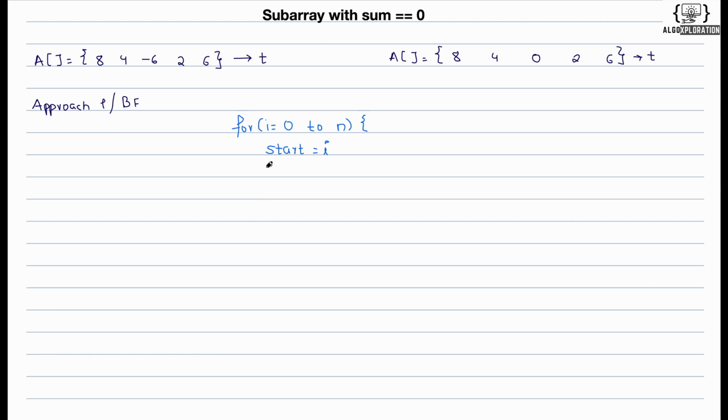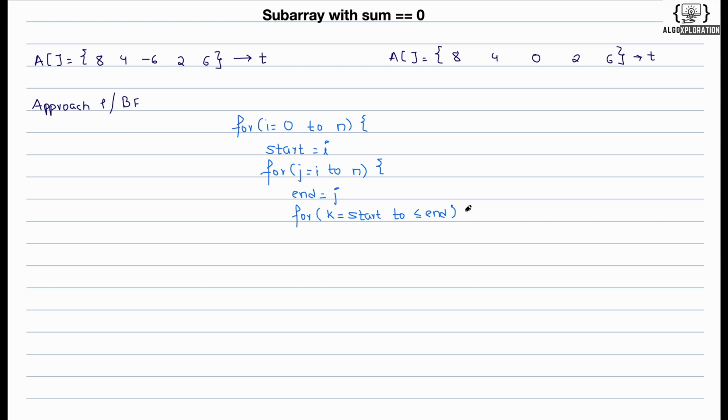Then we have another for loop in which j will be running from i and it will go till n, and in this we have an end variable in which the value of end is j. Now we will have another for loop in which k will be running from start and it will go till less than or equal to end.